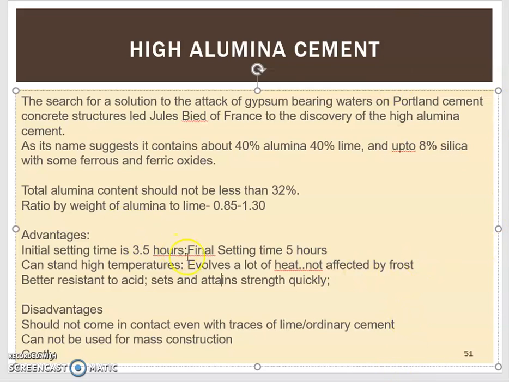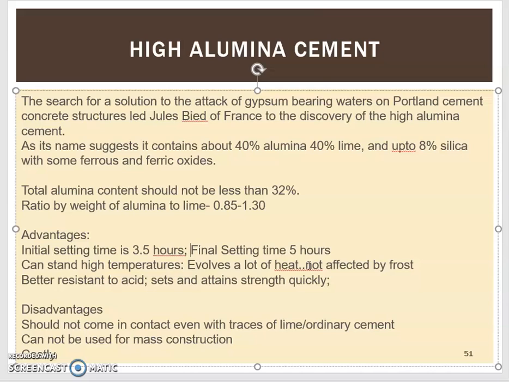Otherwise, I have told you, the more pulverized, the better the cement. But in this case, the setting is largely due to the chemical reaction, not because of the physical reaction, so pulverizing is not really important. Of course, you need to pulverize it, but you don't require very fine particle sizes.